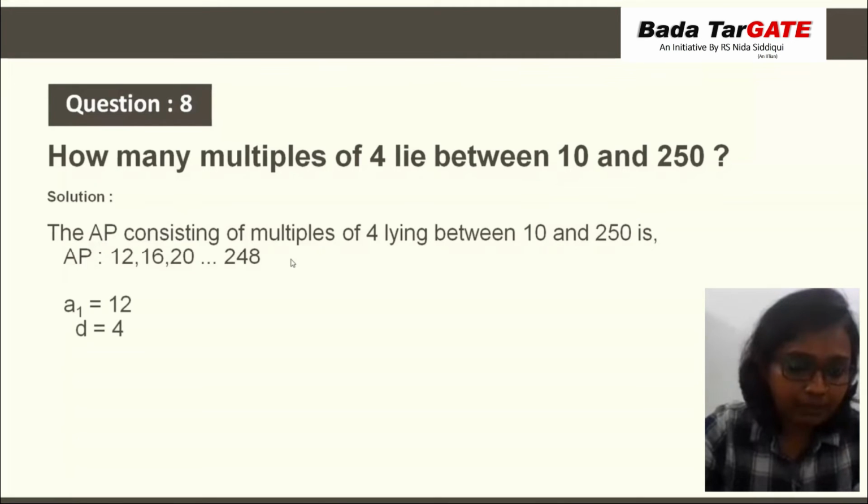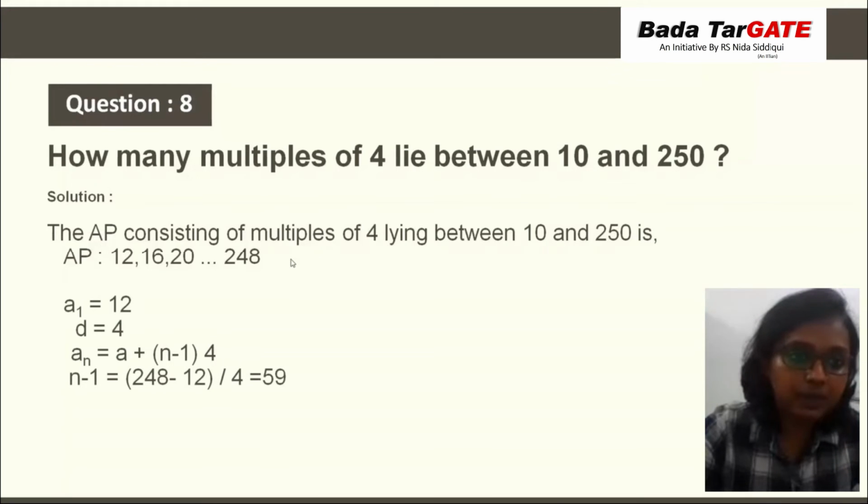A1 will be 12, D will be 4, and using the equation AN is equal to A plus N minus 1 into D, we get the value of N, which is 60. So there are 60 terms in this AP. So there are 60 multiples of 4 that lie between 10 and 250.